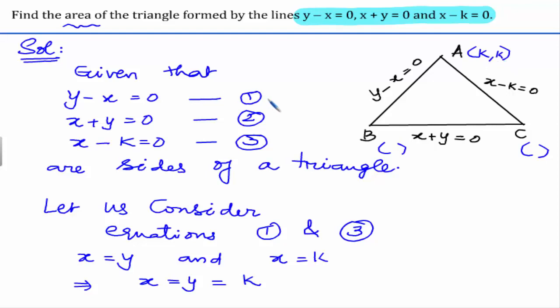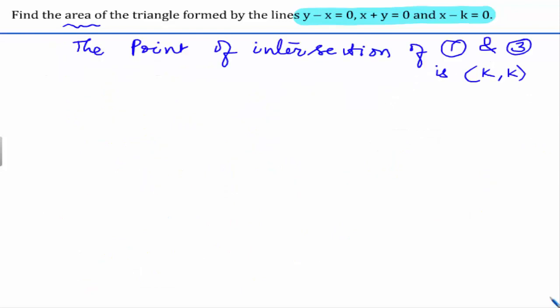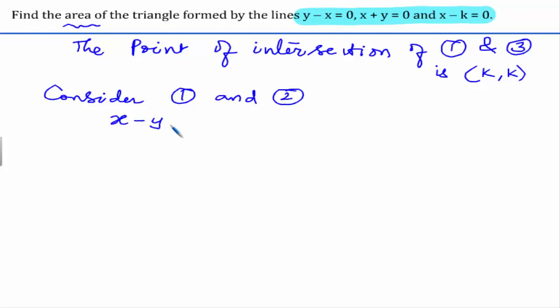Now similarly we will take 1 and 2. Consider the first equation and second equation. First equation is y minus x is equal to 0, and the second one is x plus y is equal to 0.